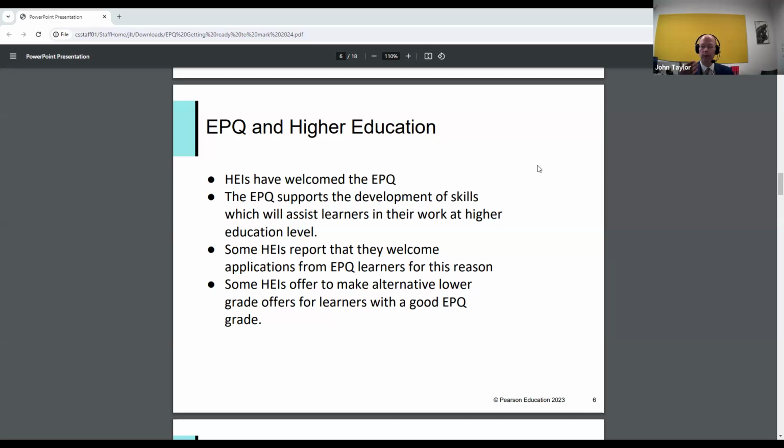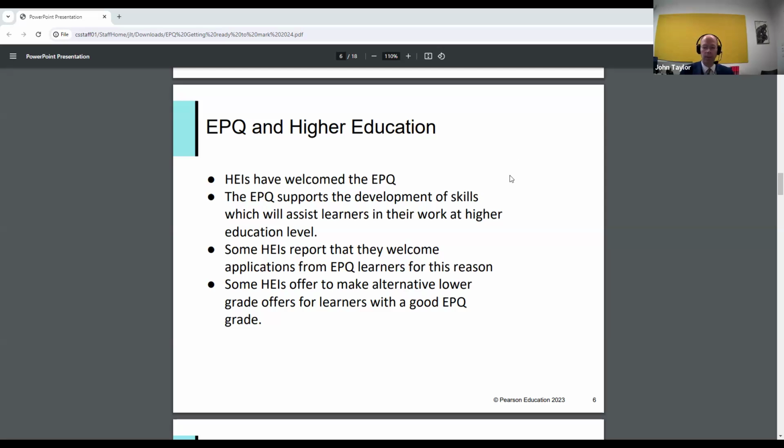And so with this in mind, we know now that if you look at the admissions statements and the admissions information on university websites, it's quite common now for universities to mention the EPQ in very complimentary terms. And a number, not a majority, but a substantial number now are recognizing the EPQ in the grade offers that they make.